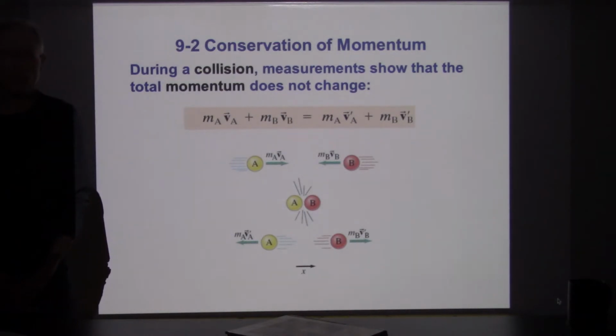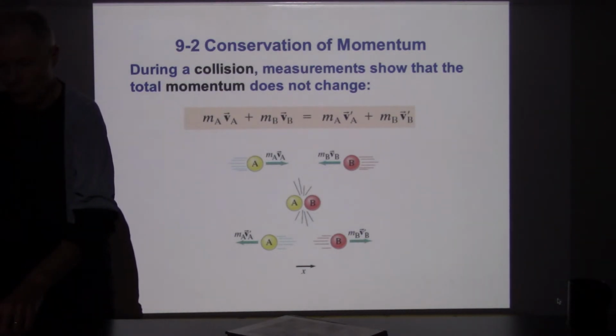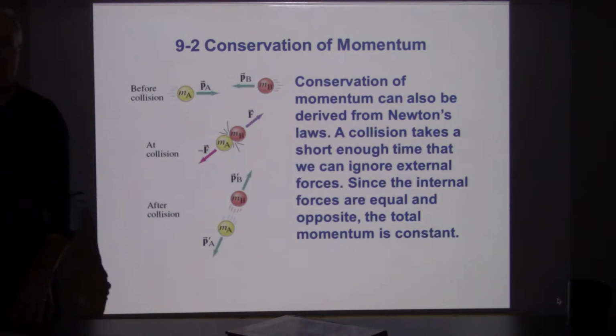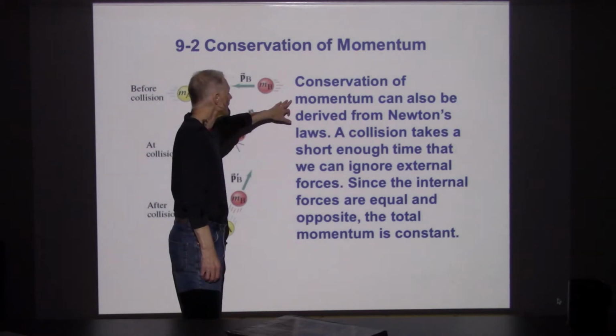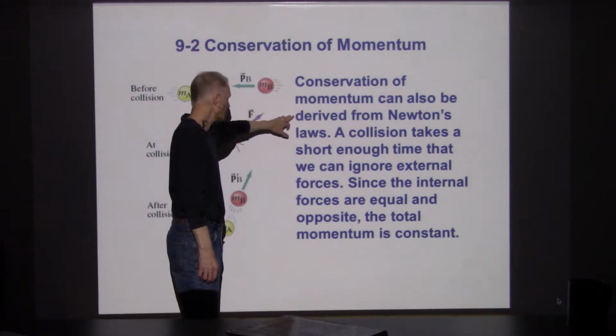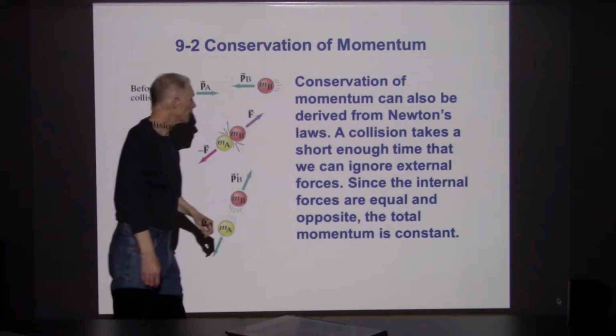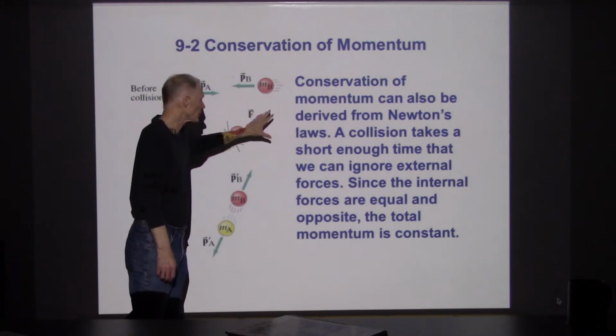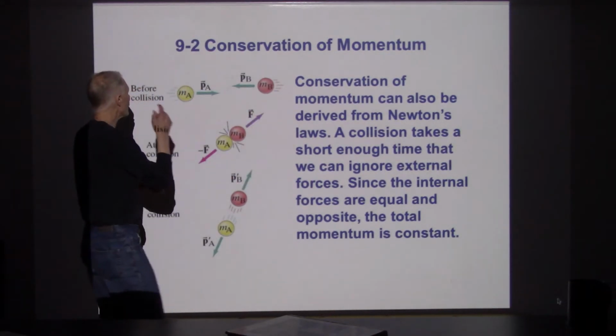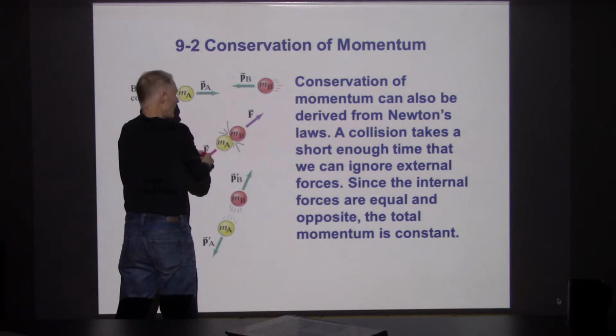We do find that momentum is conserved in these reactions or in these collisions that take place. So as they're saying here, conservation of momentum is a prediction. It can be derived from Newton's laws of motion. And for this to work, it has to be the case that we are able to isolate these objects.